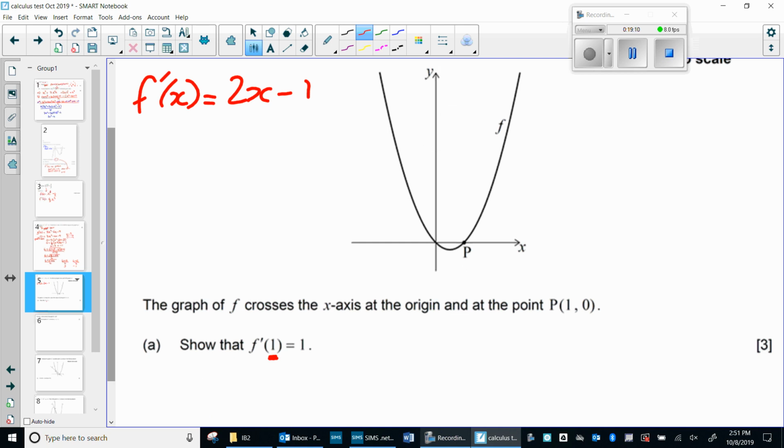Substitute. Okay, so we say that f(1) is going to be 2 lots of 1, take away 1. Yeah? What's 2 lots of 1? 2. Take away 1. Have we shown that that's equal to 1? Yes. Like, that was 3 marks. And this was Catch, and I got it. Yeah? Go.